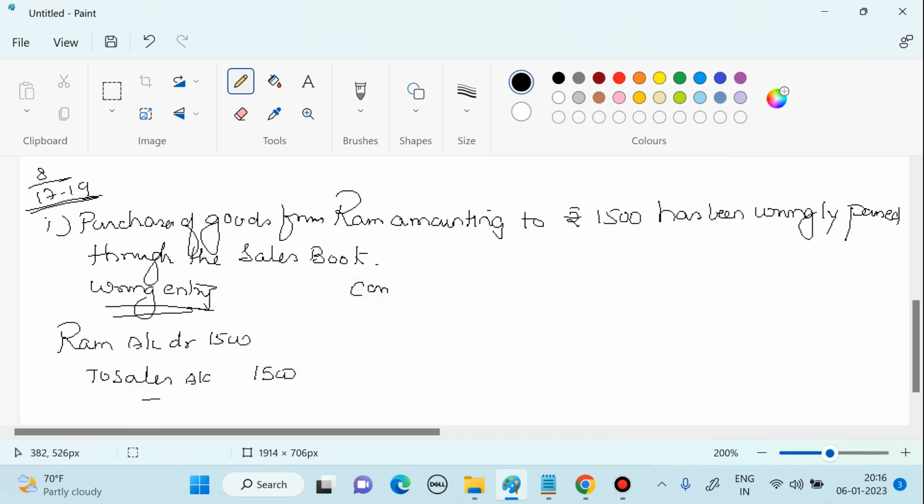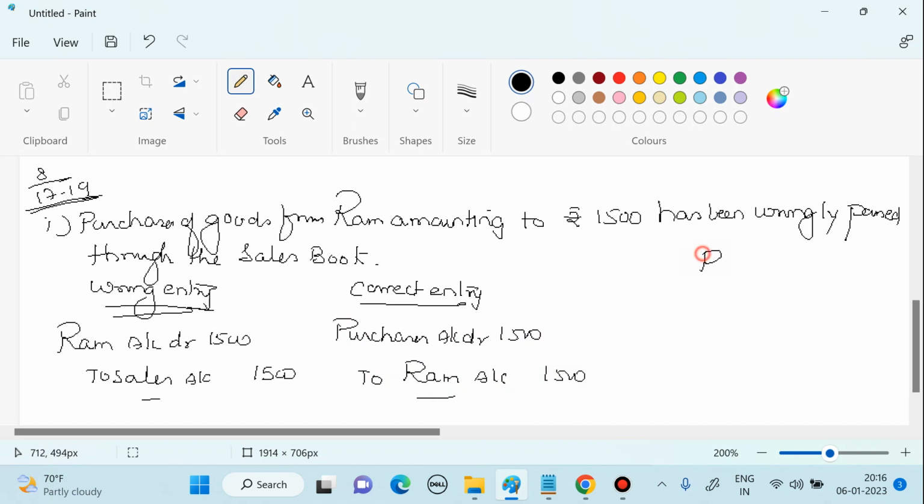But the correct entry would have been, if you had passed it in the correct manner, you would have put it to the purchase book. And then the purchases account would have been debited and the credit would have gone to Ram account. So this would have happened if you had recorded it correctly. So how to rectify this mistake?